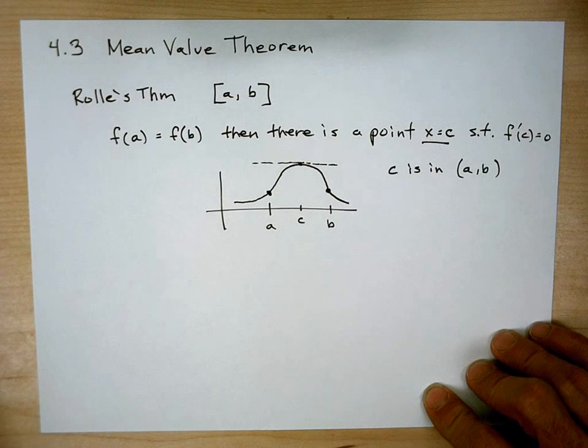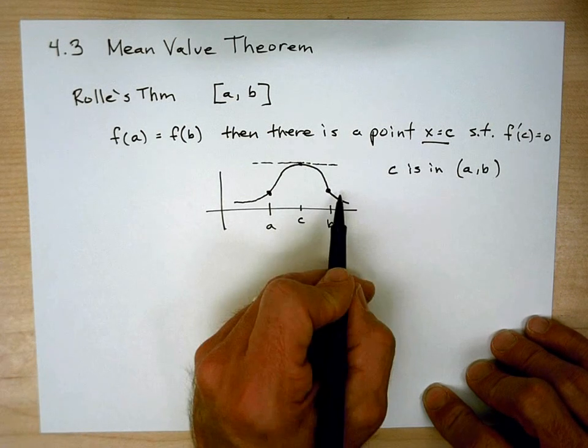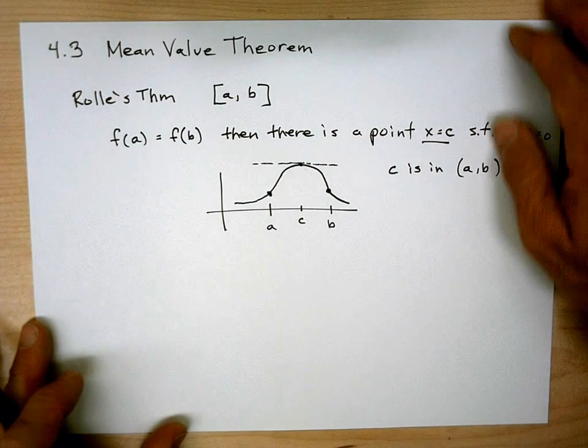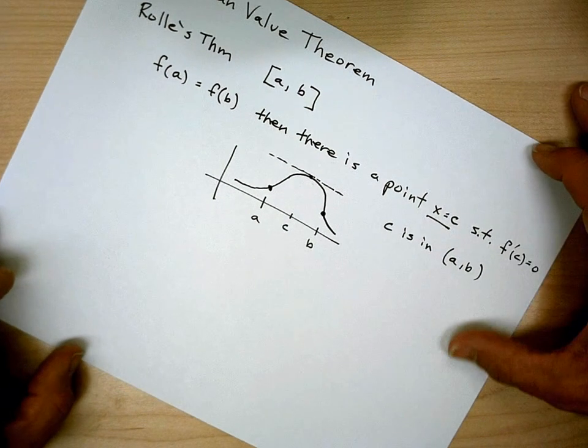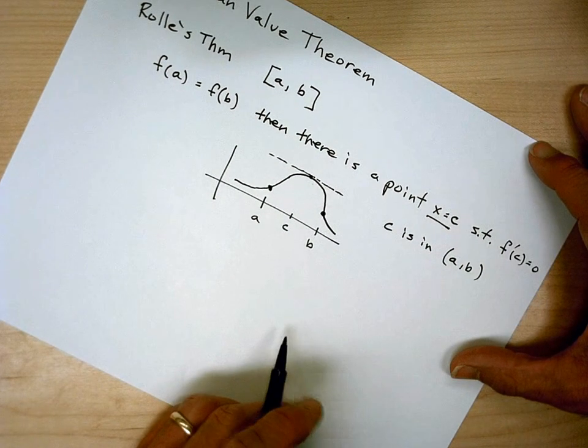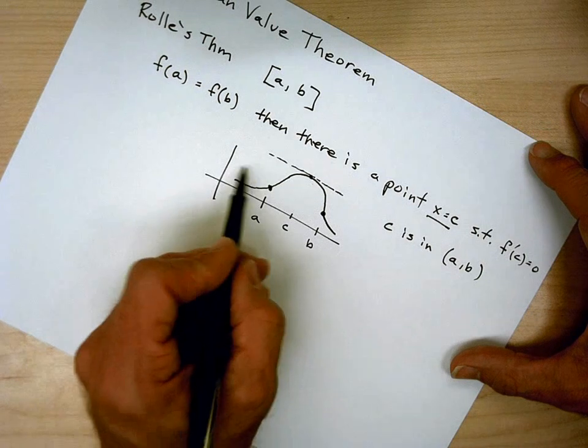So basically, the mean value theorem is just a generalization of this, in the sense that if we just turn our picture this way, then we're going to get something.